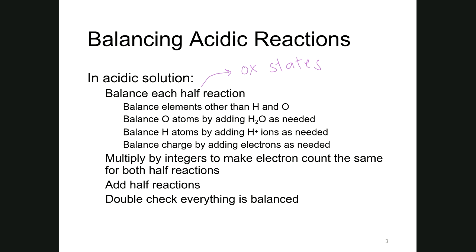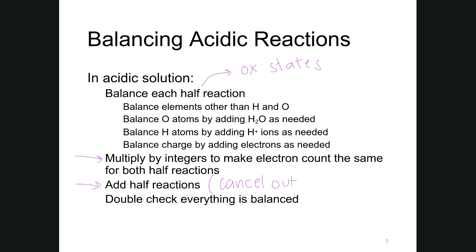And we're going to do an example where you can see the steps occurring one by one. And once we have balanced all of that, again, like I said before, we need to make sure that our electrons are the same amount for what's being oxidized and what's being reduced. So here, multiply by integers if we need to make our number of electrons the same. Then we add our half reactions. And by adding half reactions, this means that we can cancel out anything that is shown on opposite sides.